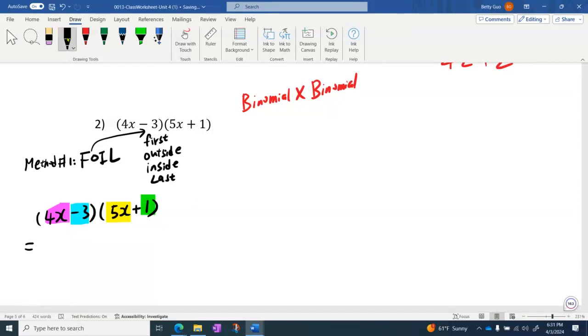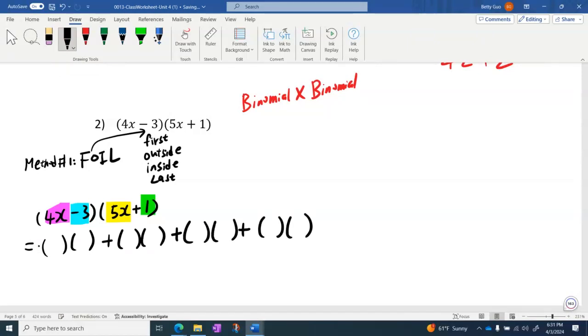To apply FOIL, you do what I'm going to do here: first times first plus outside times outside plus inside times inside plus last times last. Set up the structure first.